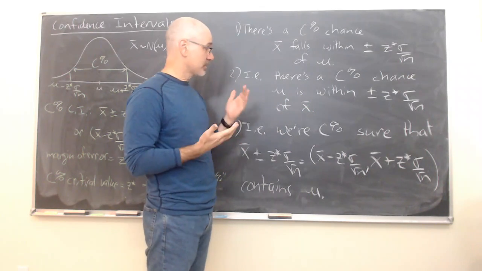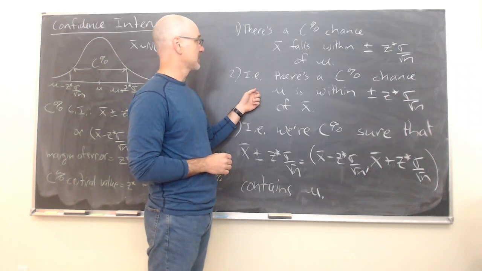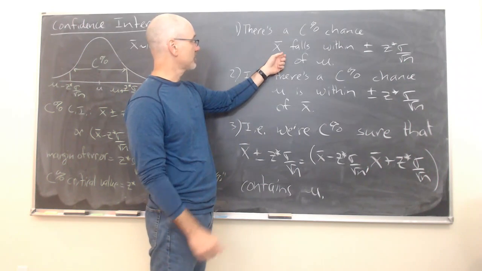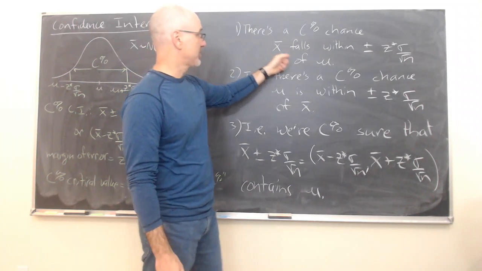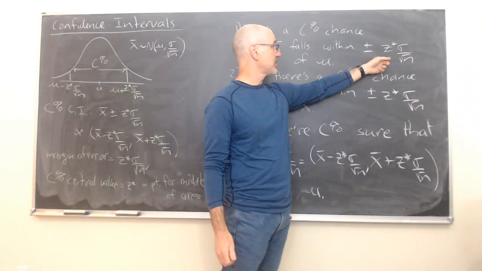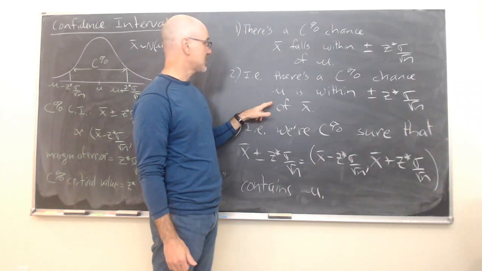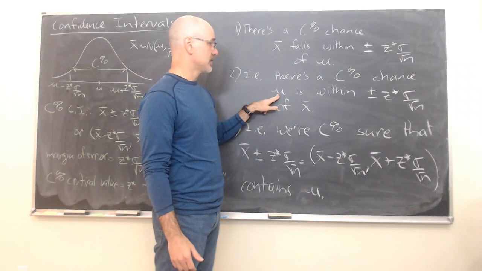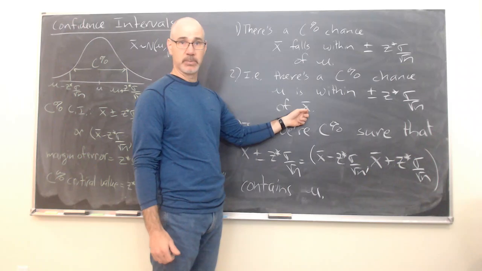And that's really a crucial step in developing the confidence interval. Because at first we start with, there's a C% chance x bar is within Z star sigma over root n of mu, but that also means there's a C% chance that mu is within Z star sigma over root n of our x bar.